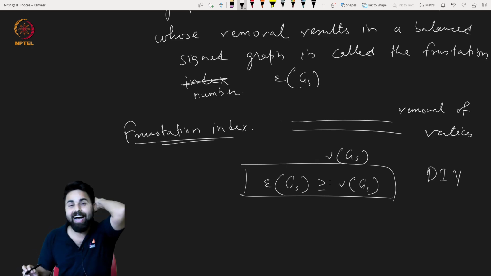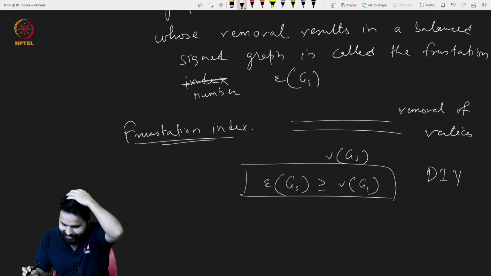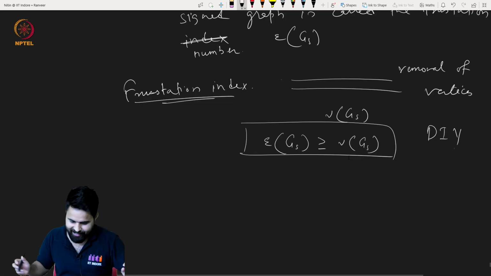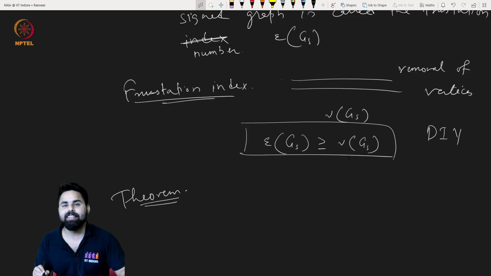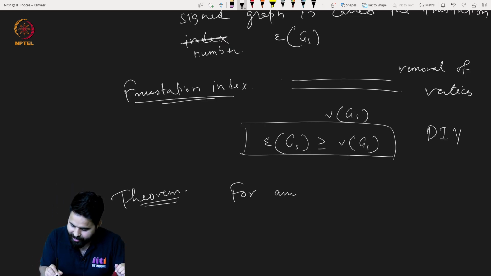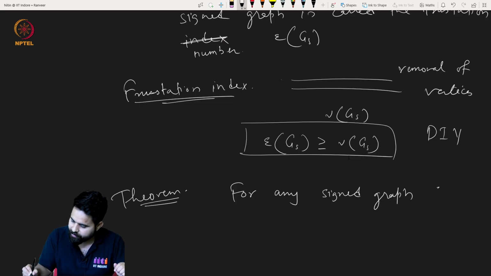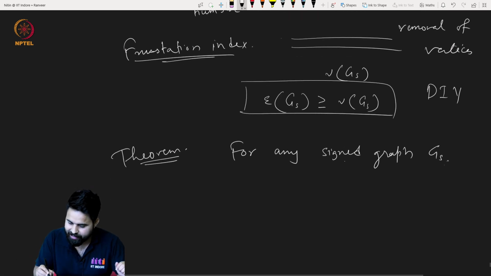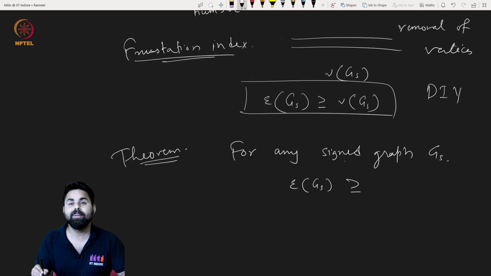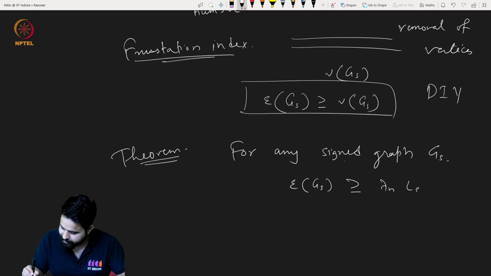Very good. Now let us see a very interesting result. Theorem: for any signed graph GS, this frustration index is always greater or equal to the smallest eigenvalue of the signed Laplacian matrix.